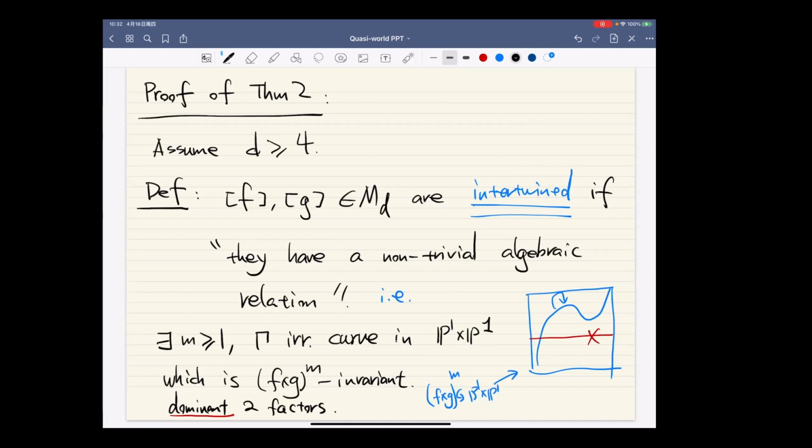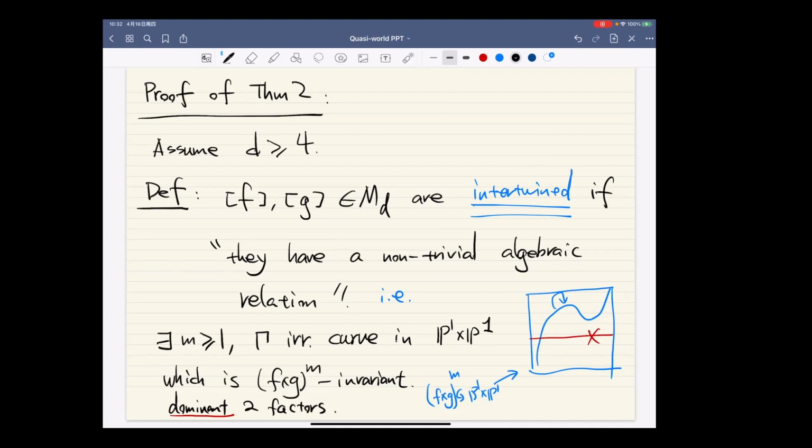You will see later, we need to use a theorem of Pakovich, and in the theorem of Pakovich, he asks that D is at least 4. So I think that's the reason we need this assumption. I see.